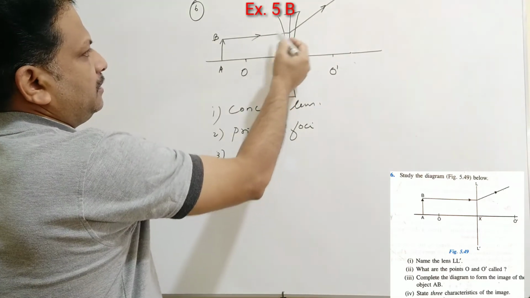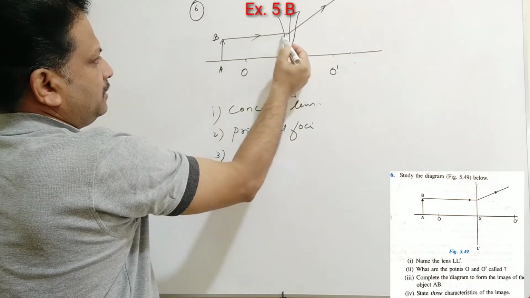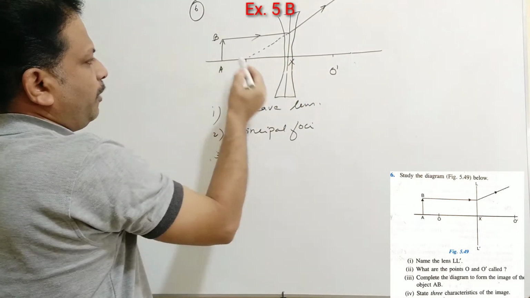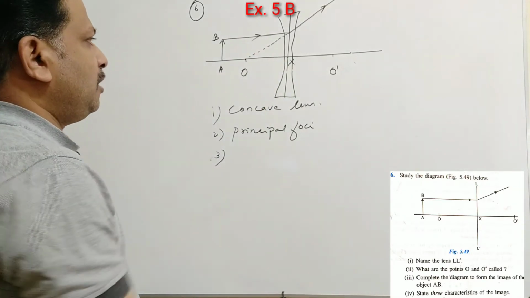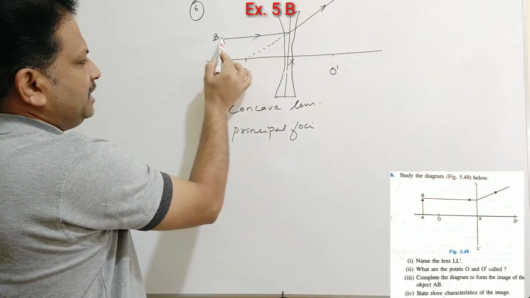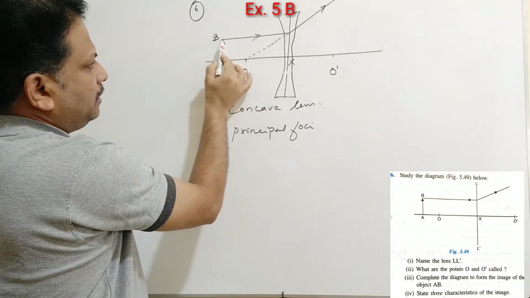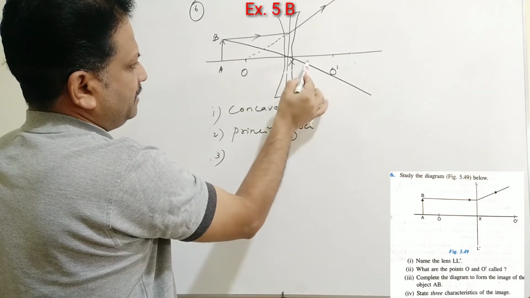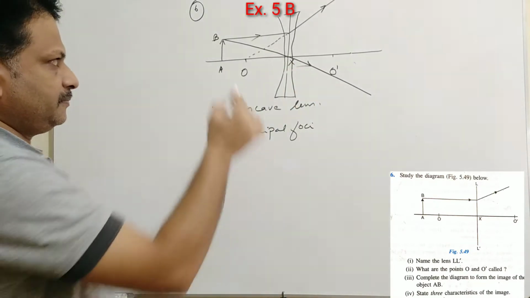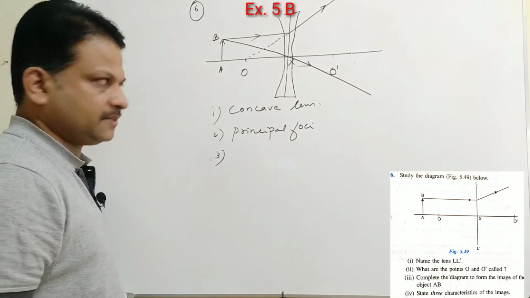Now it is diverging. When you produce it backward, it meets at the point O, or it appears to diverge from the principal focus. Now another ray originating from the point of an object passing through the optical center passes undeviated. Clear? Don't forget to mark the direction of light rays.